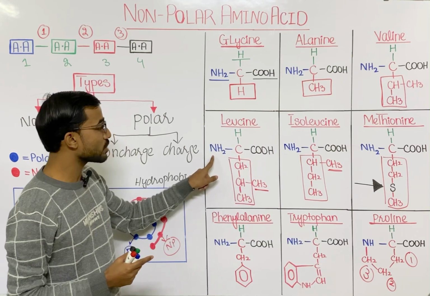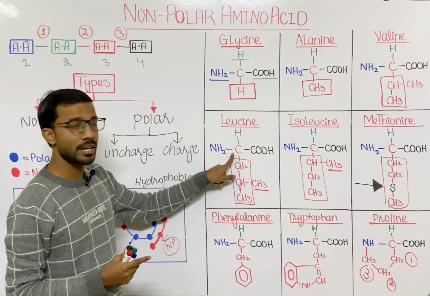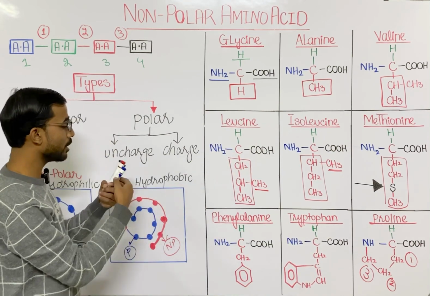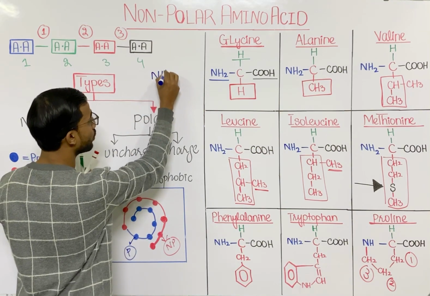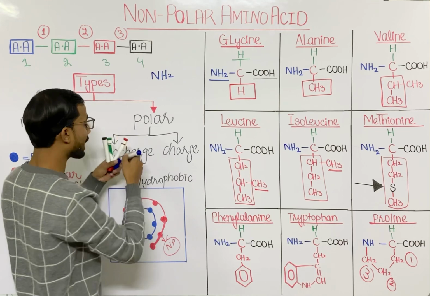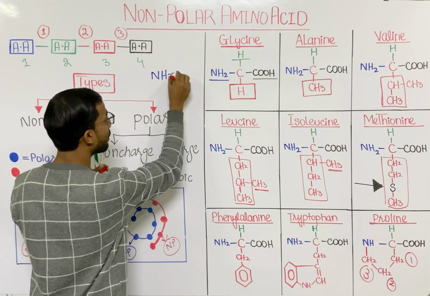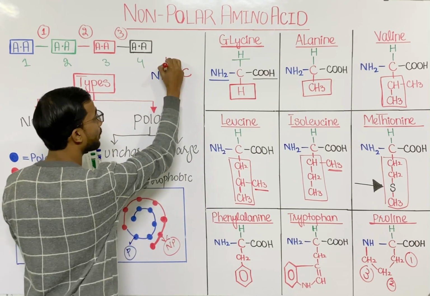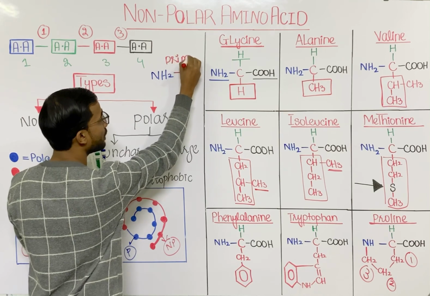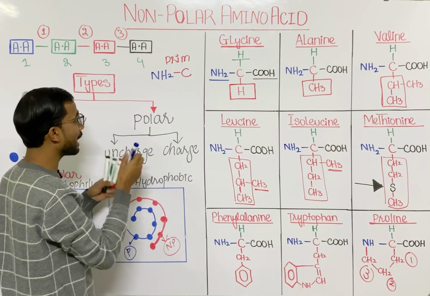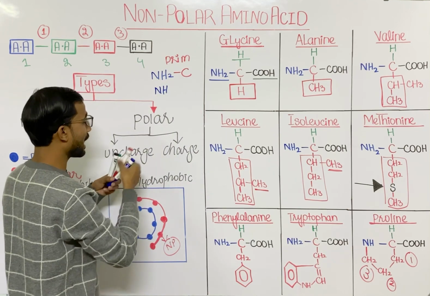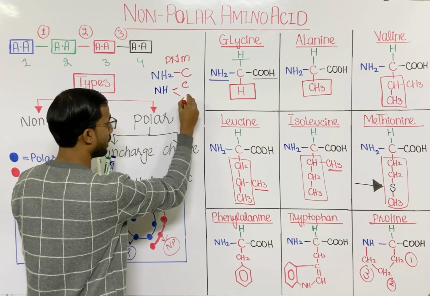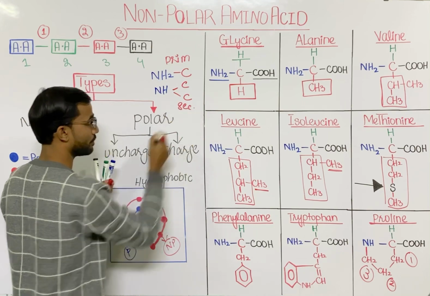In all the other situations, you will see the amino group directly attached to one carbon atom. You just have to remember, if the amino group, here the NH2, is directly attached to one carbon atom, then it is called primary. If the amino group NH is directly attached to two carbon atoms, then it is called secondary.